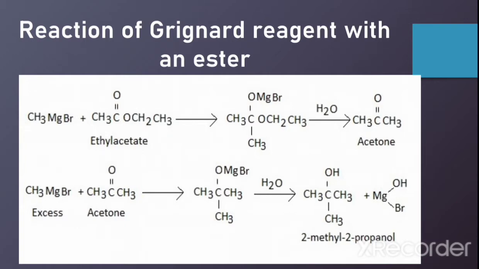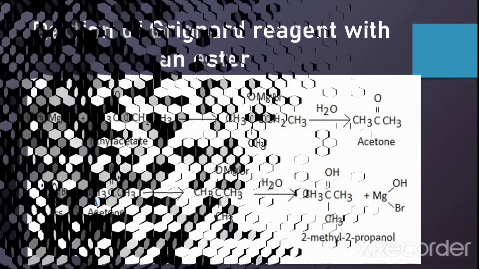When the acetate or ester reacts with Grignard reagent in a limited amount, it will have the final product, that is acetone. And when we have an excess amount of Grignard reagent, the final product is alcohol, that is 2-methyl 2-propanol. So this is the reaction of Grignard reagent with ester.